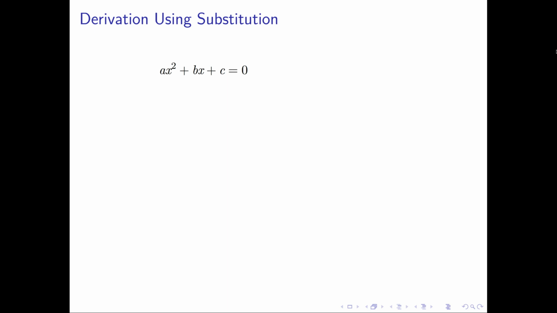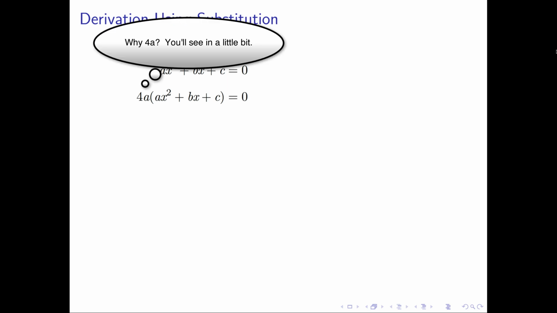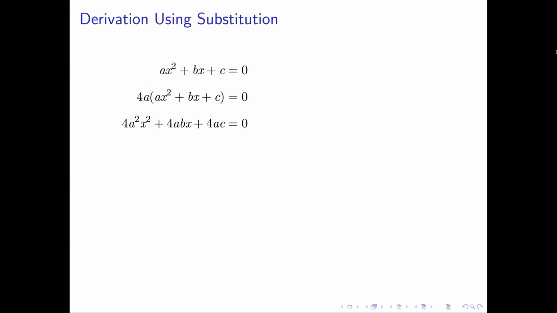Now, we start by multiplying both sides of this equation by 4a. We'll now use the distributive property and turn this equation into this form. And then we're going to be doing another unusual thing. We're going to find the term 2ax in various places.